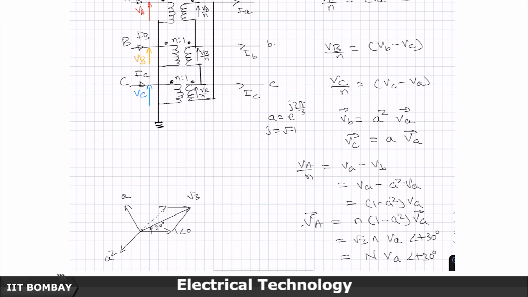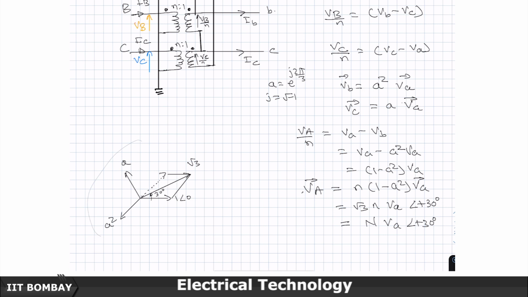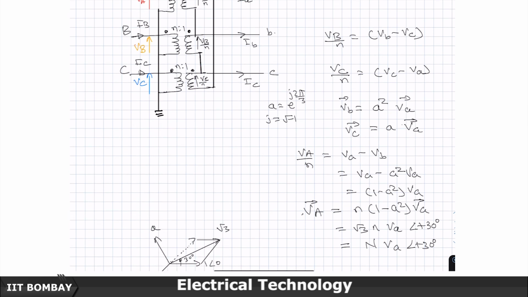Okay, let me first draw the picture geometrically, before doing the algebra for this connection. VA, VC, this is VB.